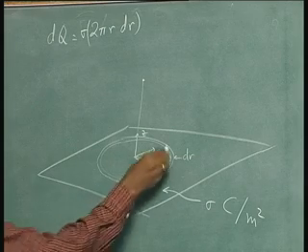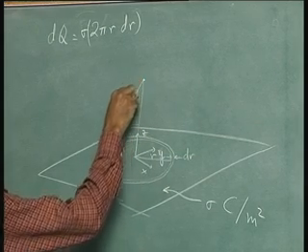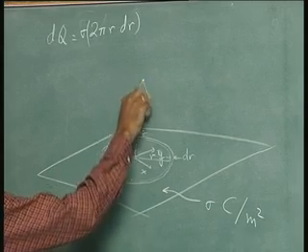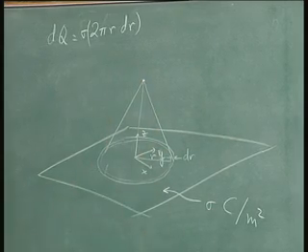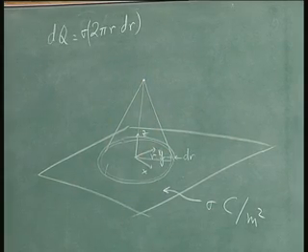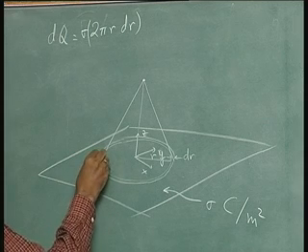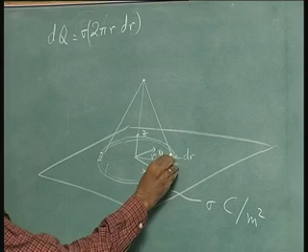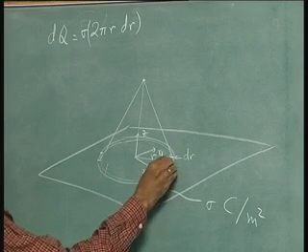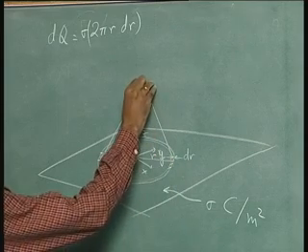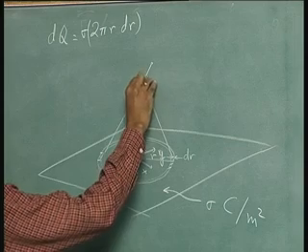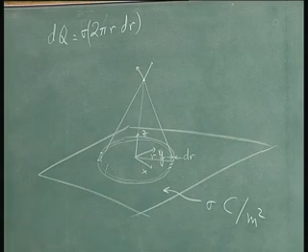Now, all points on this ring are equally far from this top point, and for every point here there is a point equal and opposite such that the electric fields are in opposite directions.